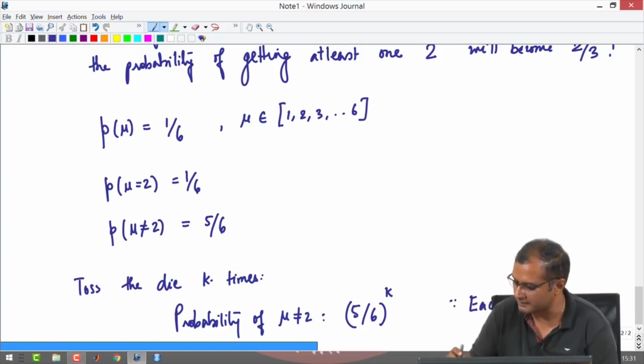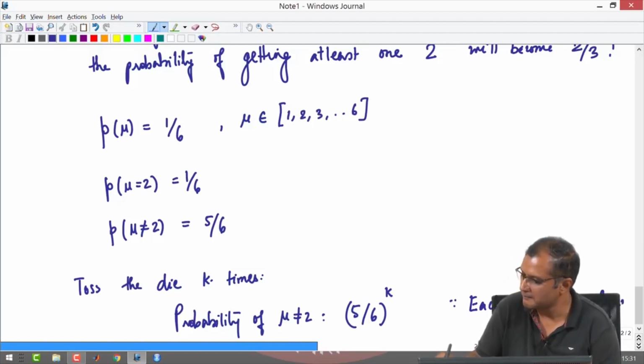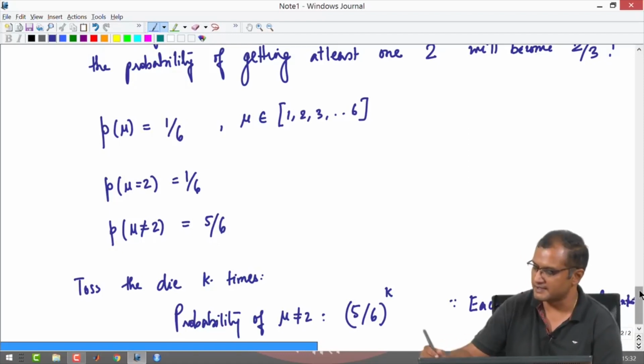The probabilities are multiplicative. So, the probabilities just keep on multiplying.